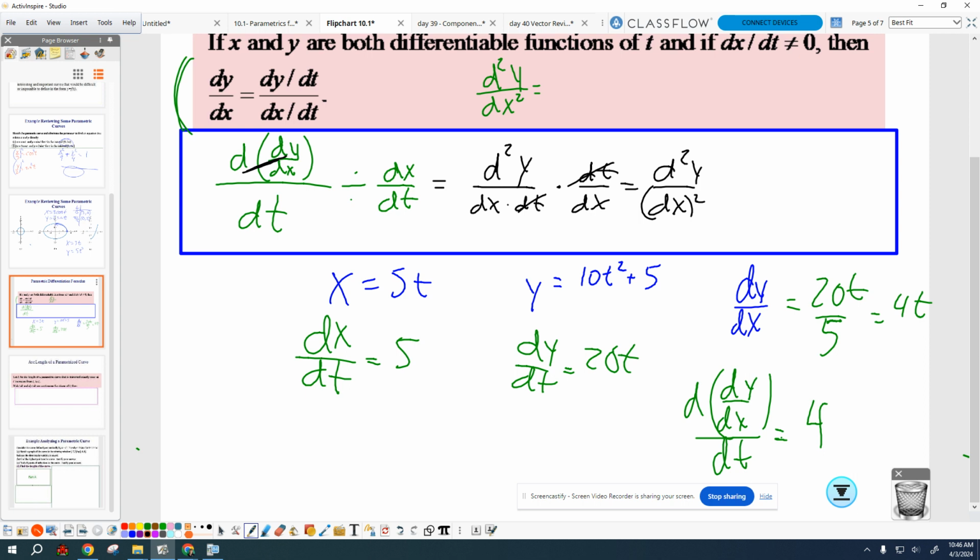The catch is we now need to divide by that dx/dt again. dx/dt was 5, so there's the double derivative. All right, let me uncover the formula for you and go from there.